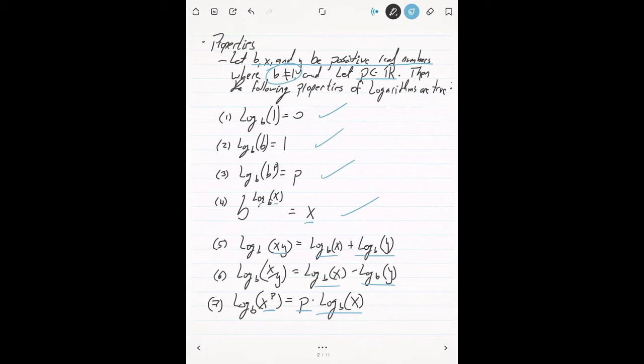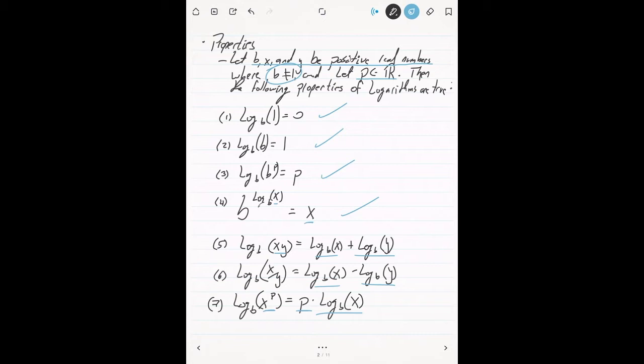Now, these 7 properties we're going to use when simplifying logarithmic expressions, condensing them down, as well as expanding them into larger expressions. There is a rationale and a reason for why we have all of these properties. I'd like to take some time to work through each of these and explain where they're coming from.